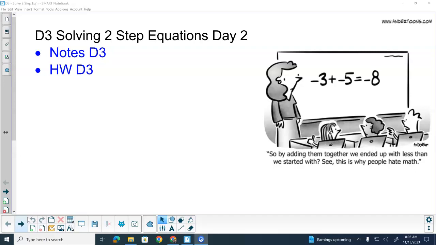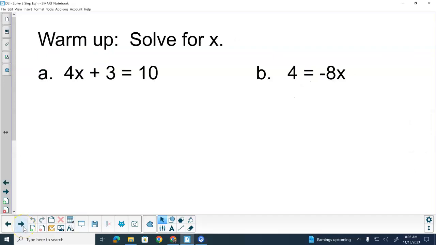Good stuff. Okay? So, a couple of warm-up problems for you to do up at the top of your D3 warm-up section on your notes. Go for it. All right, in letter A, what am I going to do first?